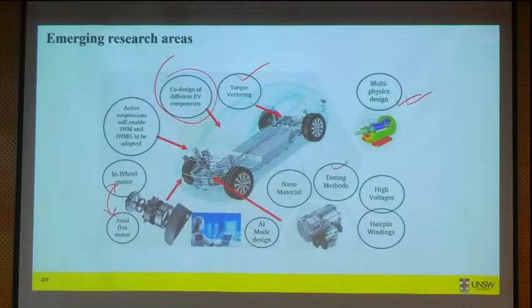Testing methods are still, some of the testing methods are not yet fully developed. Hairpin winding, very high voltage in motors, and the use of special materials such as nanomaterial, dual phase material, non-rare earth magnet material, etc. Combination of those materials with traditional materials in the design, so many.